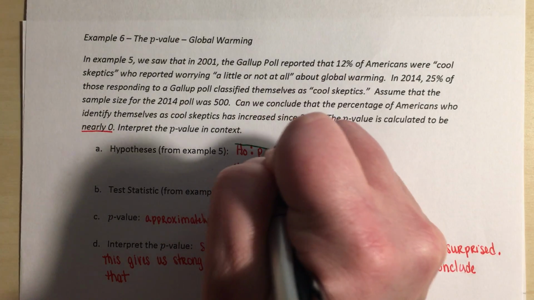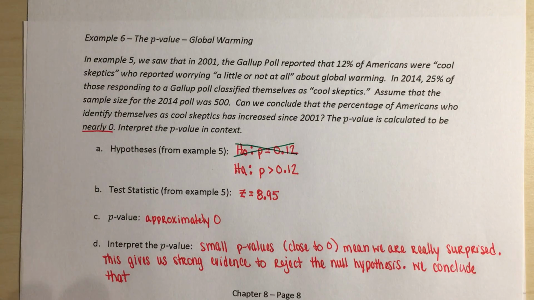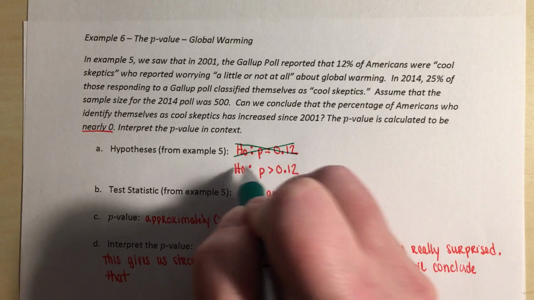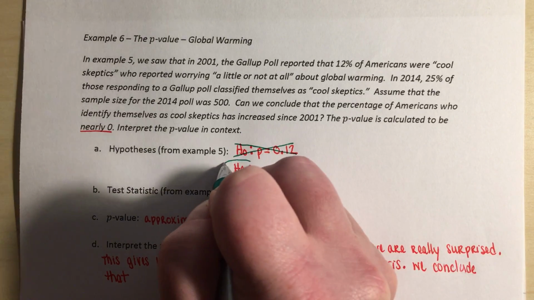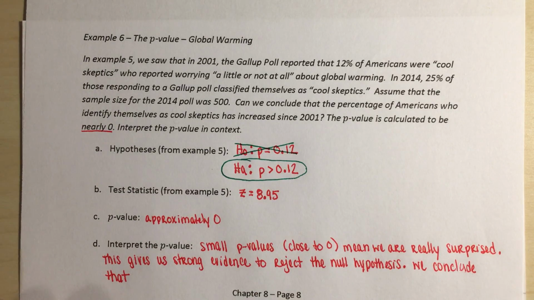If we reject the null hypothesis, we mean that that statement most likely is not true. That means that most likely our alternative hypothesis is true. So I tend to cross out and circle the appropriate parts for my answers, so that when I'm writing out my interpretation, I know what I'm going to be writing.